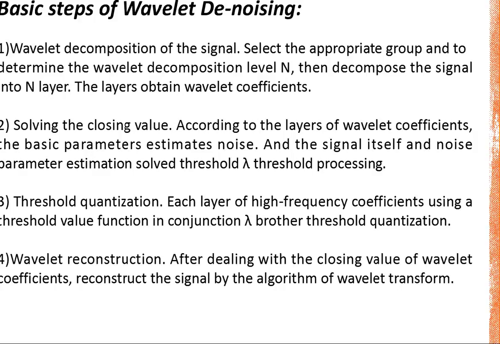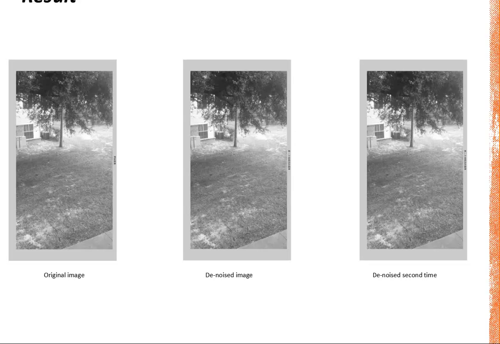Each layer of the frequency coefficients is quantized using a threshold function in conjunction with the threshold lambda. Fourth, wavelet reconstruction. After dealing with the threshold value of the wavelet coefficients, reconstruct the signal by the algorithm of the wavelet transform.